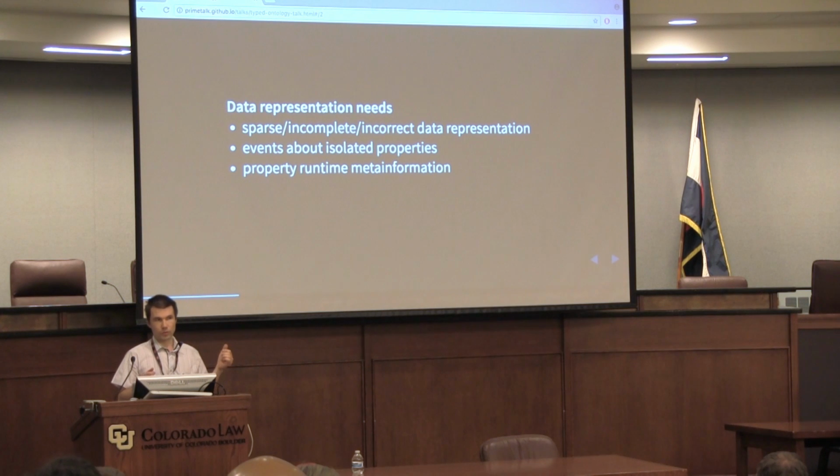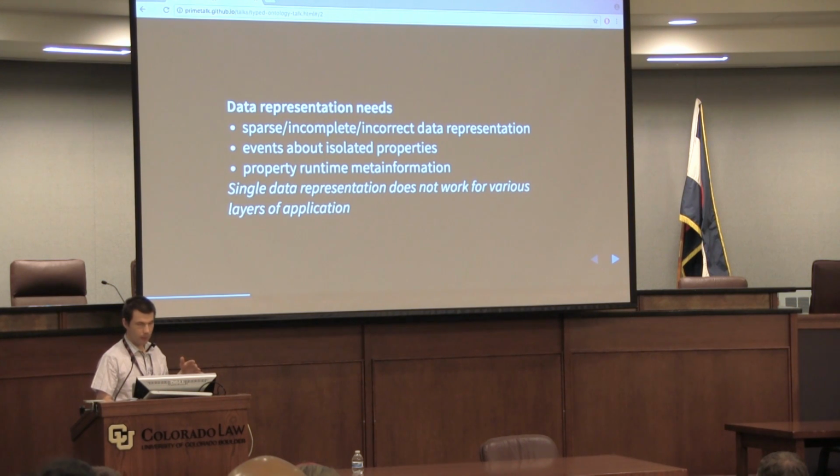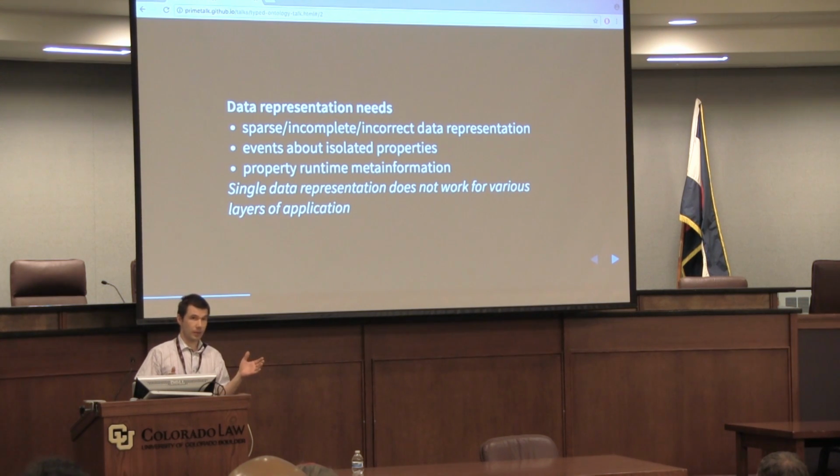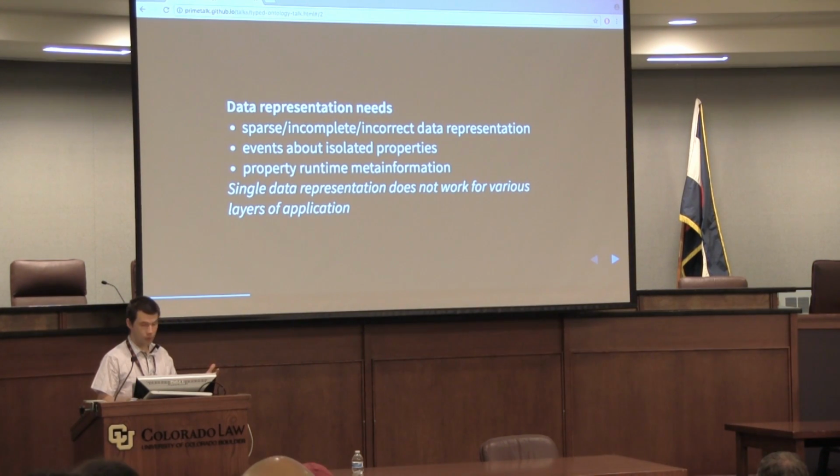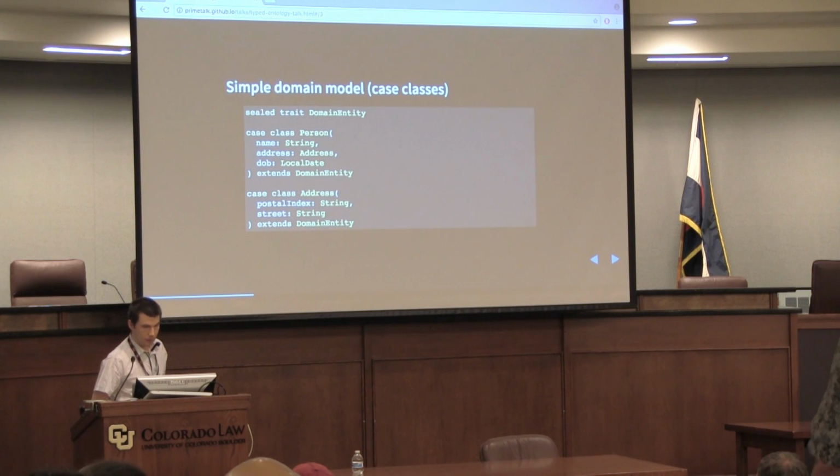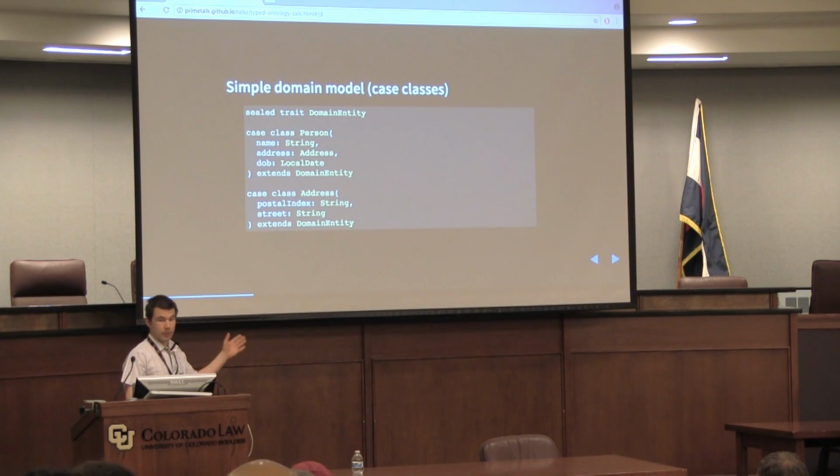We can use, of course, something like reflection and annotations, but that's not enough. So we see that different layers require different data representations, and we may end up copying data from one representation to another.